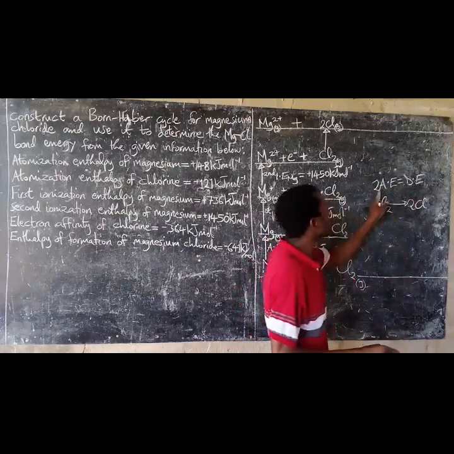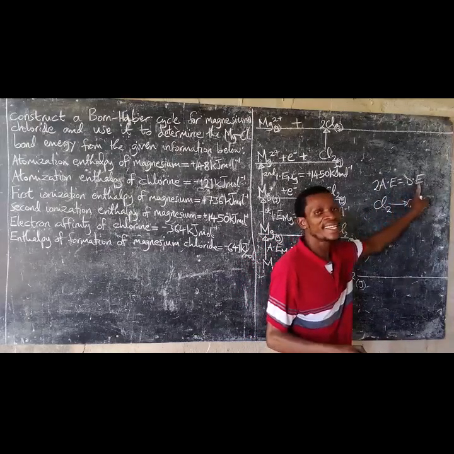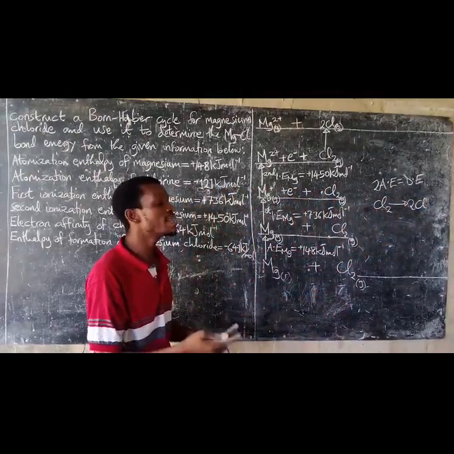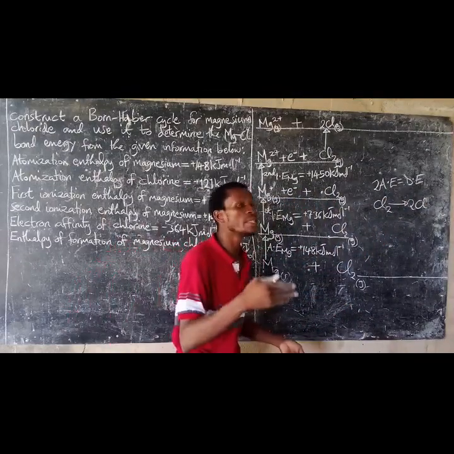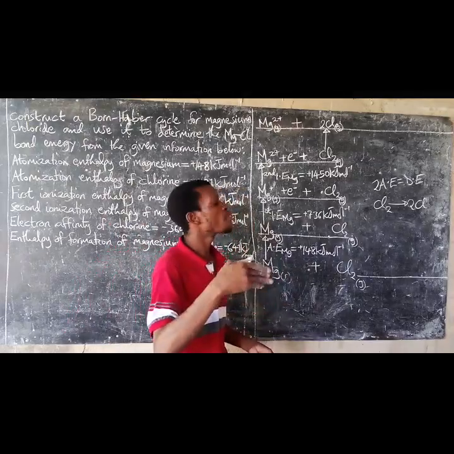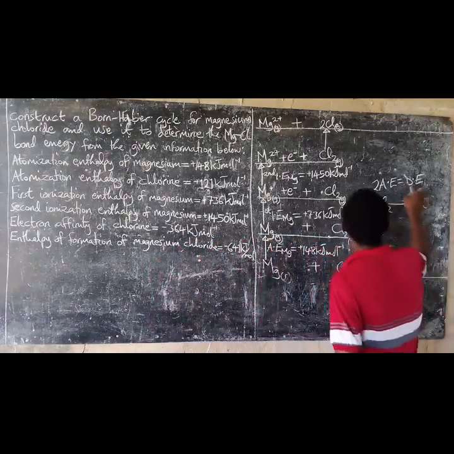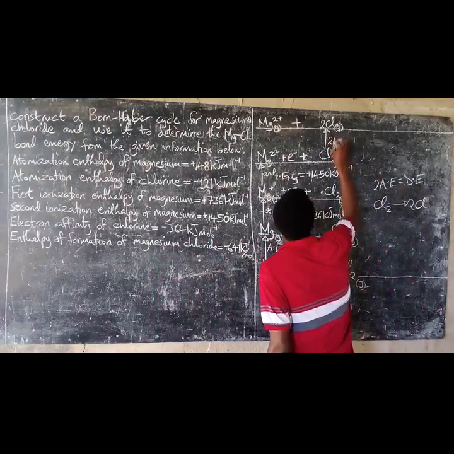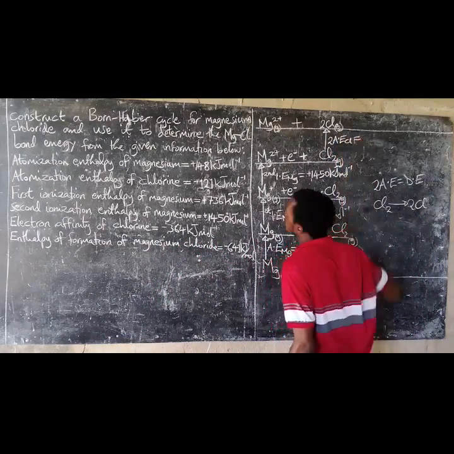So there is a relationship between atomization energy and dissociation energy. What is atomization energy? Atomization energy is the heat energy required to break down an element in its normal physical state to form 1 mole of corresponding gaseous atoms. So, in order to determine the dissociation energy, we have to multiply the atomization energy of chlorine given by 2.